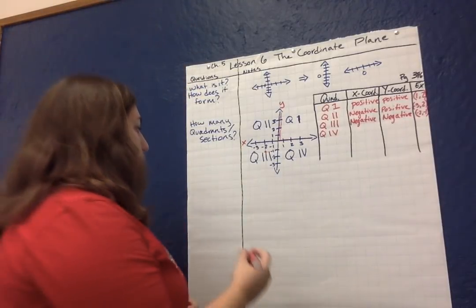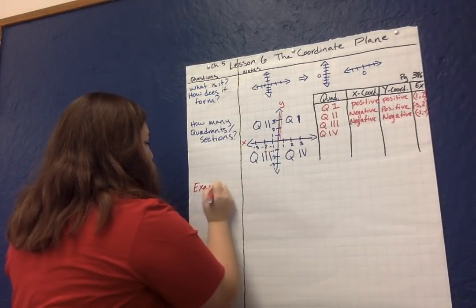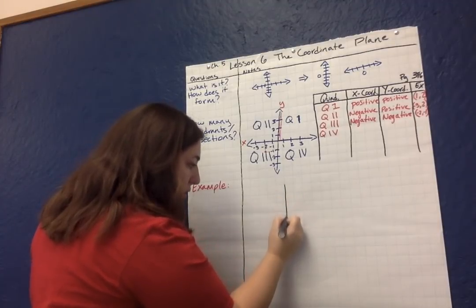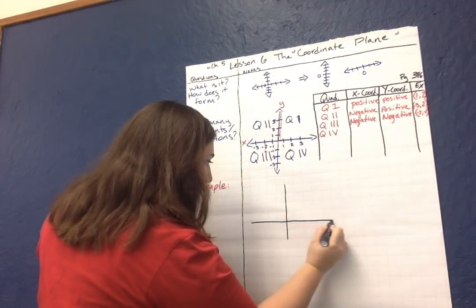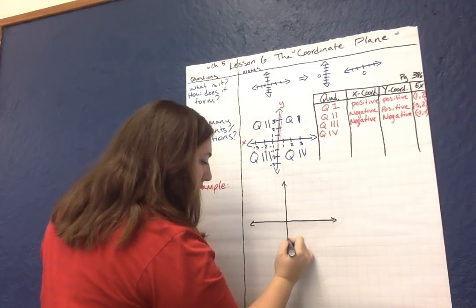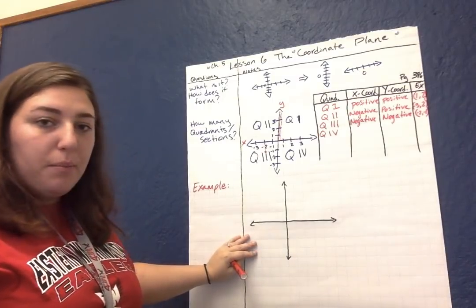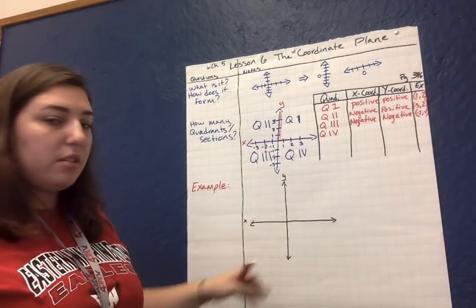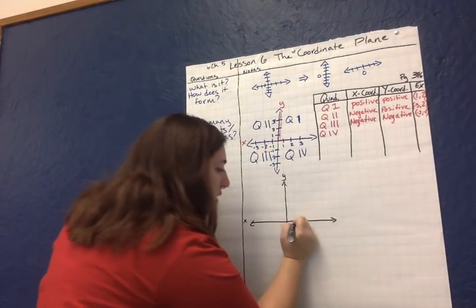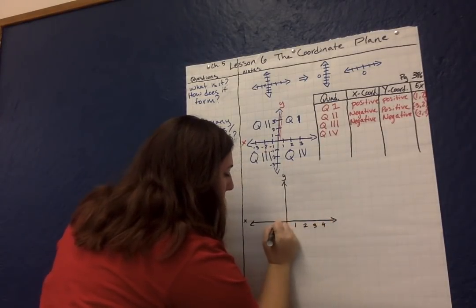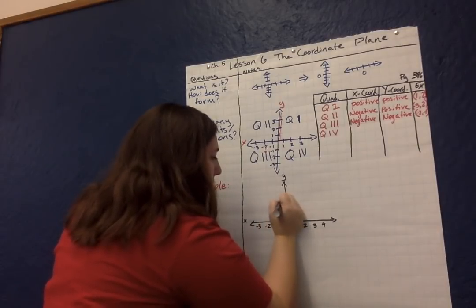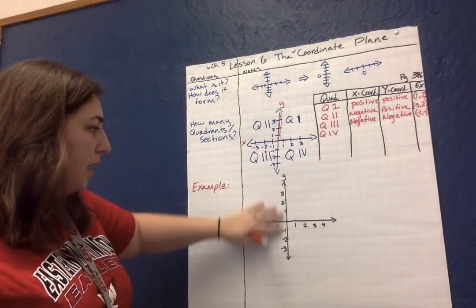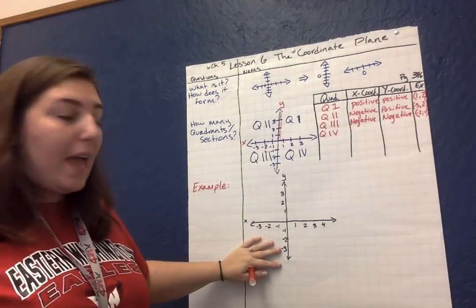Okay, so here's an example. If we had our coordinate plane here with our x coordinate and our y-axis, x-axis, y-axis, okay, and I have all my numbers on the number line or the x-axis and y-axis.